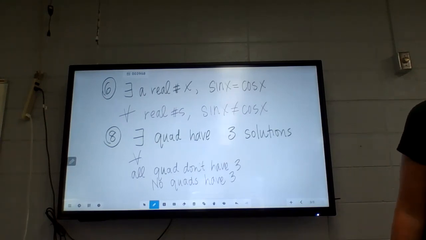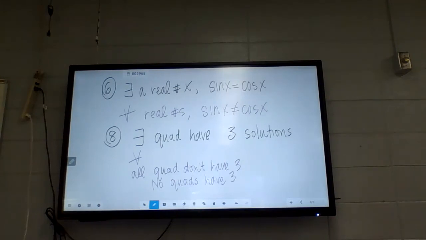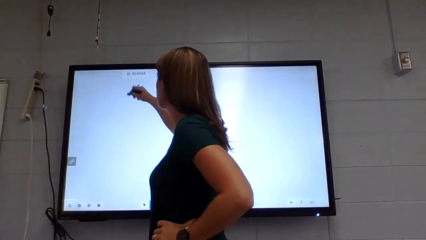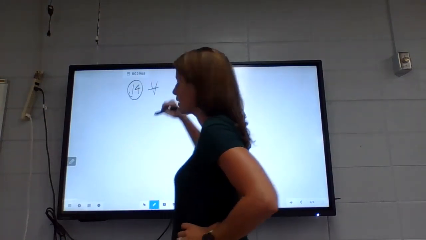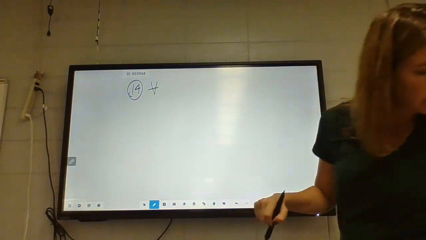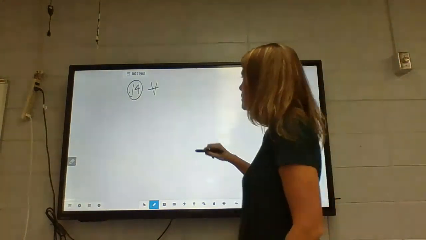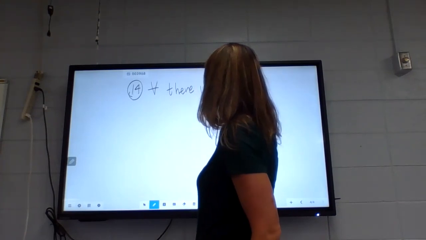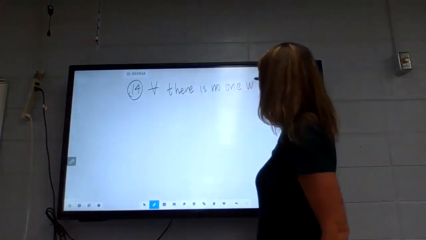And then number 14, kind of a similar one. It says no one under 21 can legally buy alcohol in Illinois. So no one, so that's an all statement. So for all people under 21, there is no one who can buy alcohol.